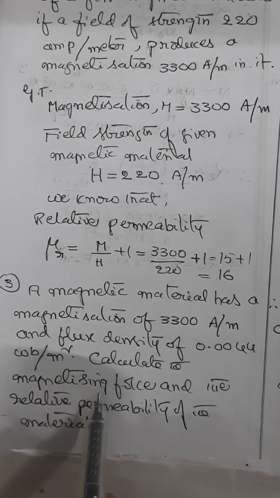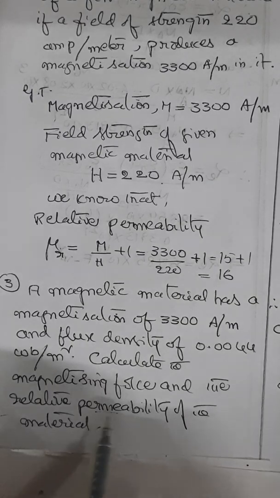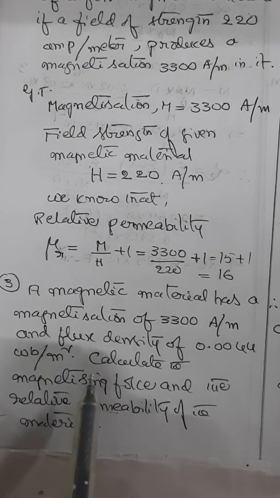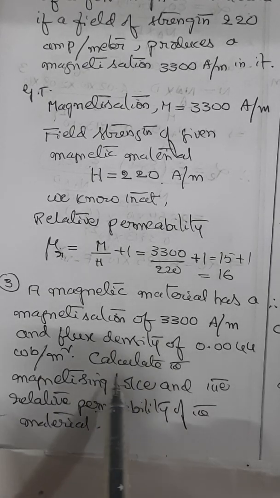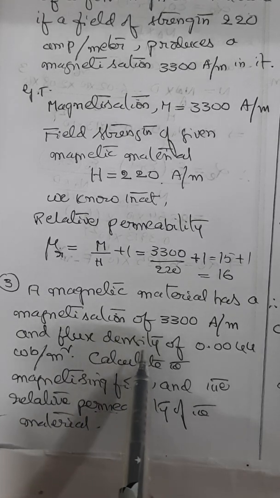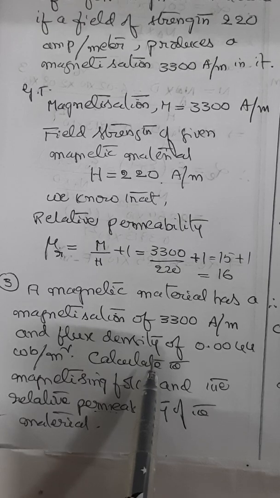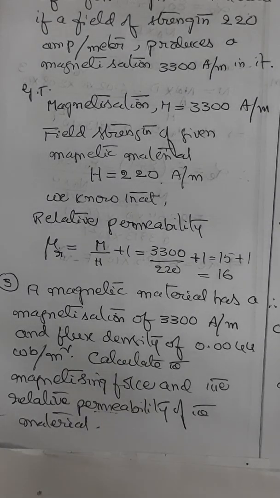Now we were asked to calculate relative permeability. Again, mu r. Now this time mu r formula is something different. Now we have to use the relation between B, H and M. In that situation, you have to calculate mu r. Then automatically in the formula, if you recollect, permeability of free space mu naught will come into the picture.